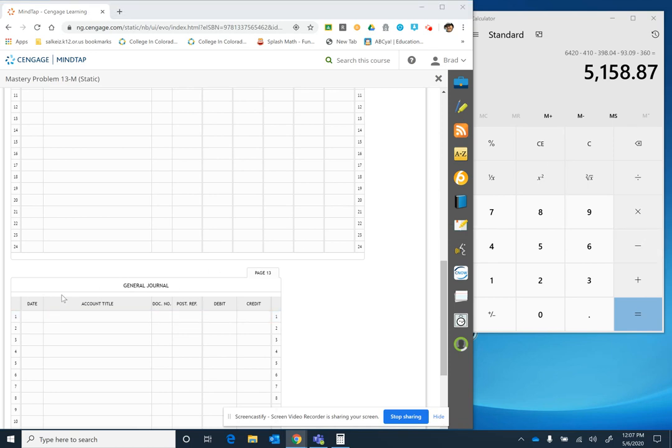Down below, we're going to record January 15th, and we're going to have our employee income tax payable, our Social Security, and we're going to record our Medicare tax payable.